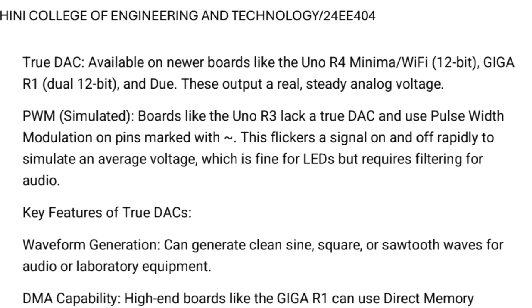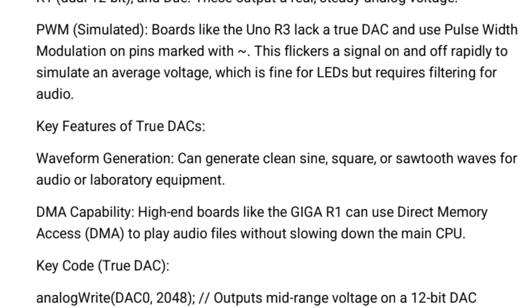A true DAC is available on newer boards like the UNO R4, and it gives a steady analog voltage, whereas PWM is the simulated version. We can use it for LEDs, audio filtering, and similar applications.